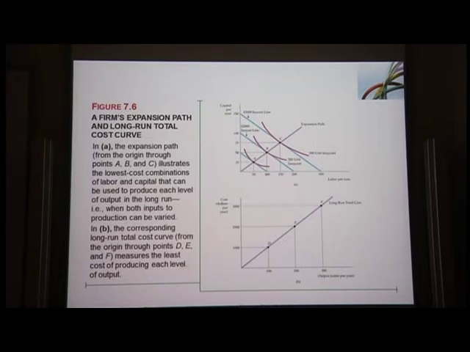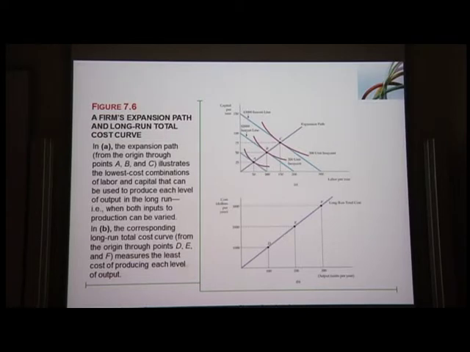So you've got 3 points of tangency. And then if you have those 3 points, how does the expansion path originate? It moves from the origin. You can see that thick blue line from the origin through points A, B, and C.